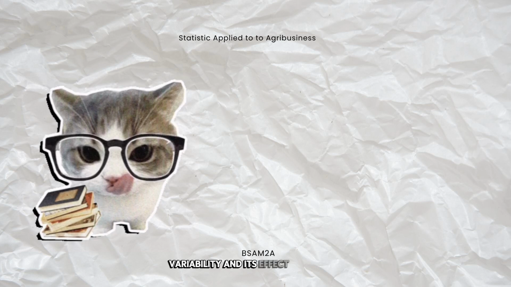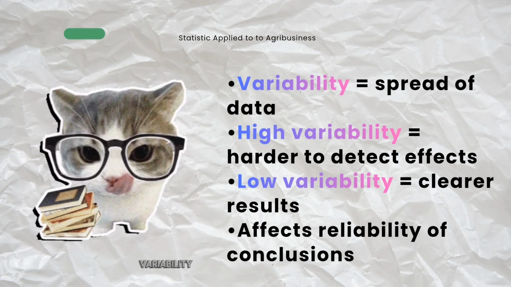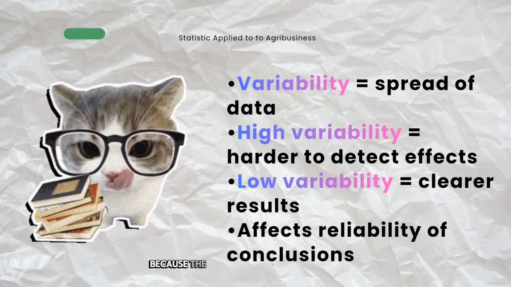Variability and its effect on results. Variability refers to how spread out the data is, and it plays a major role in hypothesis testing. When variability is high, it becomes harder to detect differences or effects because the data points are more scattered. This can make it difficult to reject the null hypothesis even if a real effect exists.